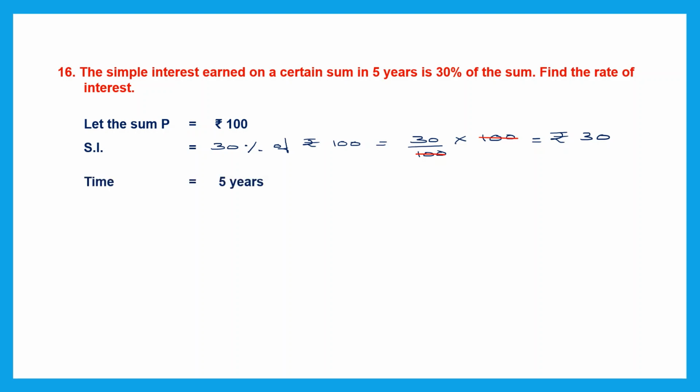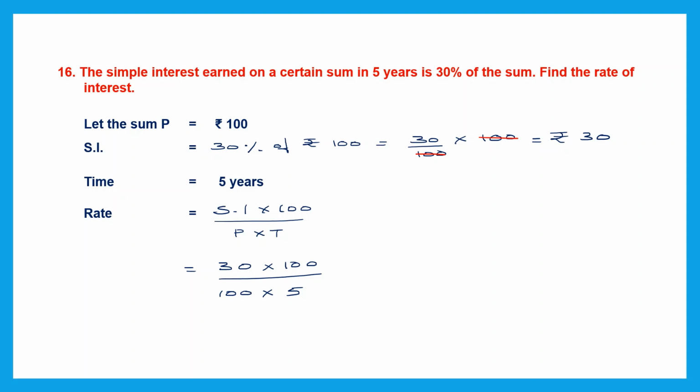Then the time is given to us as 5 years. Now we can find the rate. What is the formula to find the rate? Simple interest into 100 divided by principal into time. So simple interest we found out to be 30 rupees into 100. Now the principal we considered it to be 100 rupees, and time is given to us as 5 years.